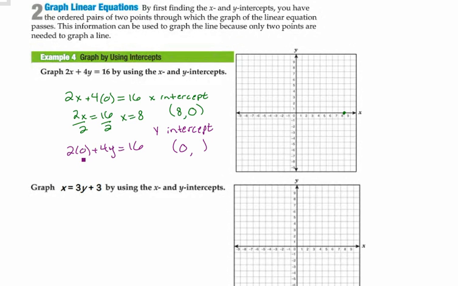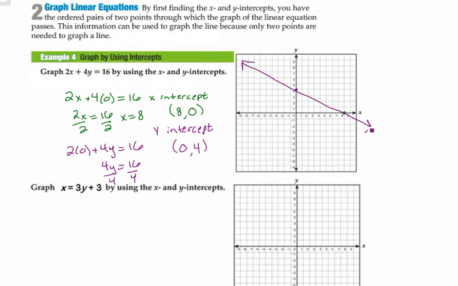I have 0 here, so I have 4y equals 16. Divide by 4, y equals 4. Okay, when they're written in standard form, a very good way to find 2 points, because look at that. Instead of creating a crazy table, I have 2 points that I can connect the dots because I know that this is a linear equation.